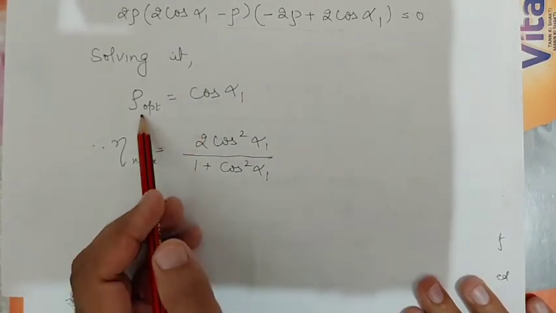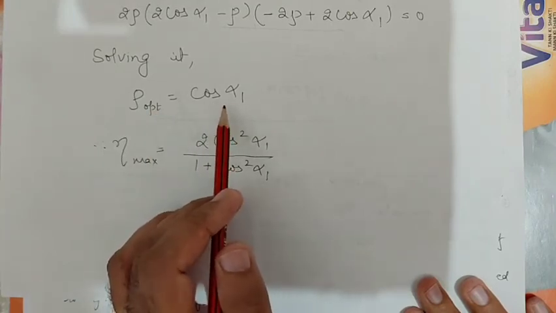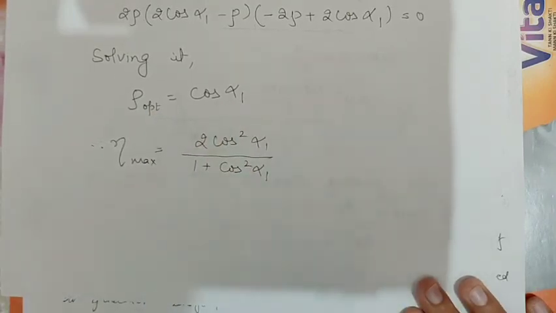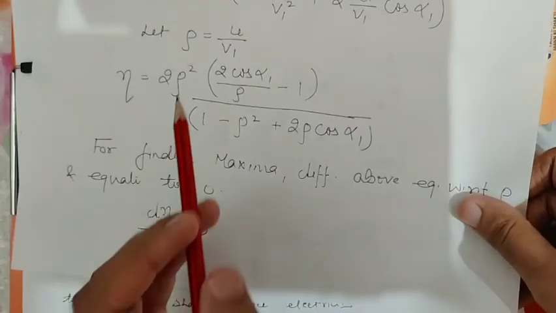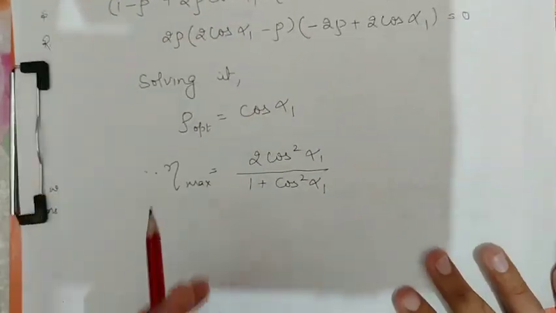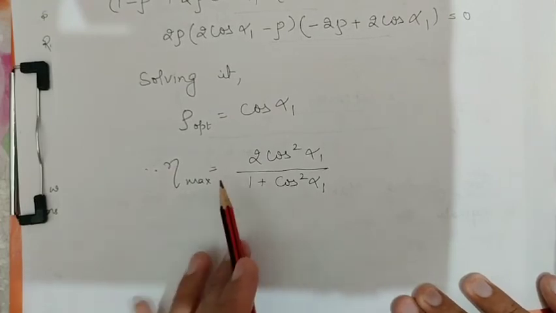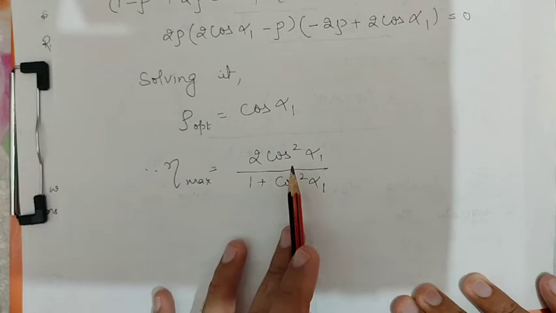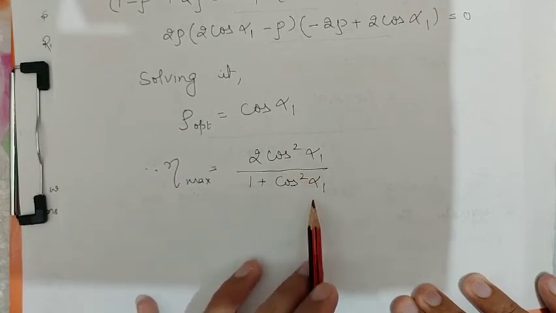By putting rho optimum equal to cos alpha 1 in the value of blade efficiency, we get the maximum blade efficiency in the case of the reaction turbine, which is equal to 2 cos square alpha 1 over 1 plus cos square alpha 1.